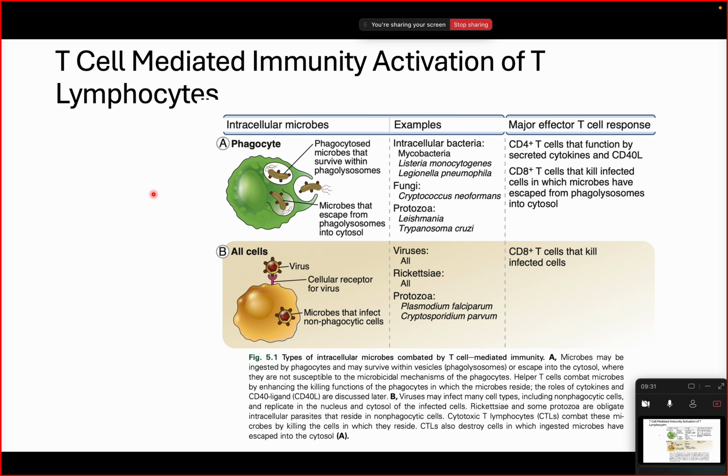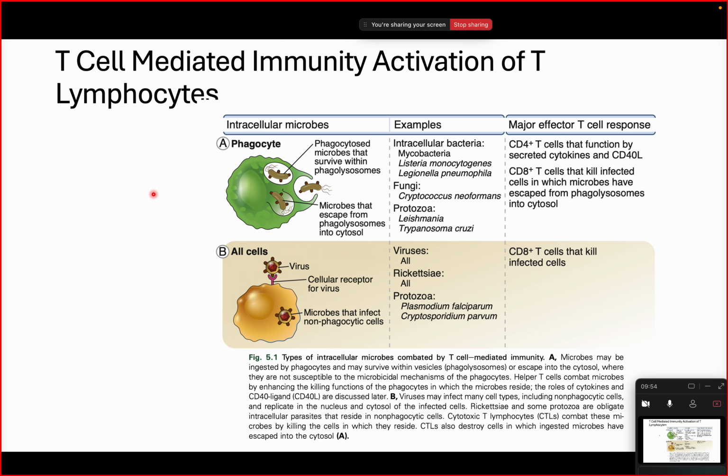So there are a few types of intracellular microbes, right? Intracellular means our humoral immunity was not able to combat the microbe or antigen fully, and they somehow evaded the blood, and now they are inside the cell.